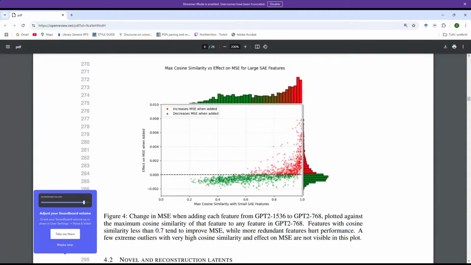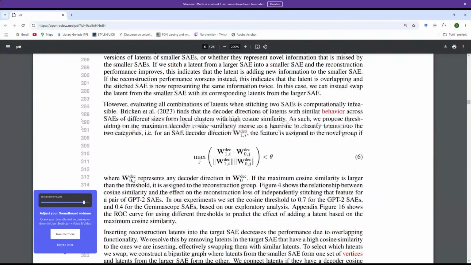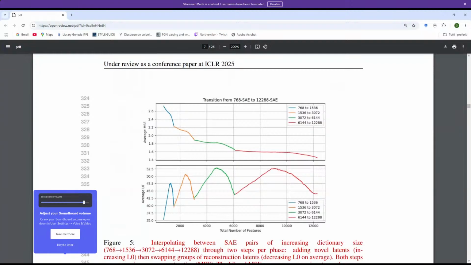And what kind of result do they get when they try this? They show that you can interpolate between sizes and choose the L0 that you want, in a kind of continuous way.